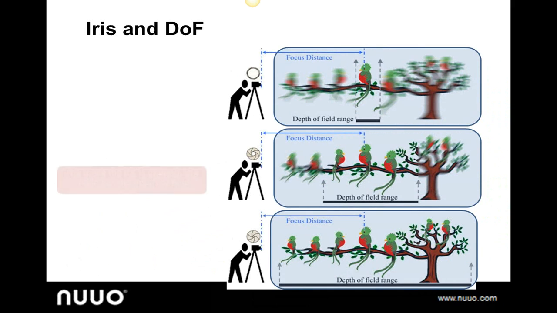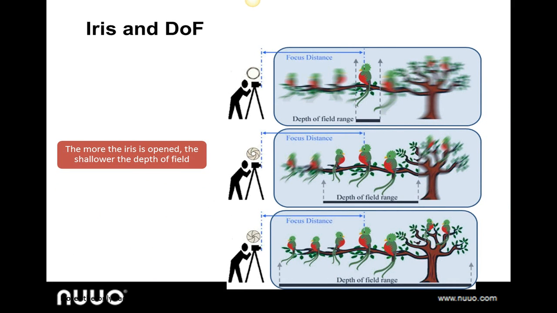Let's talk about the relation between iris and the depth of field. The size of the opening in the lens mechanism, we call it the iris, and the more it opens, the shallower the depth of field, and vice versa. As an example, take a look at the image on the top.